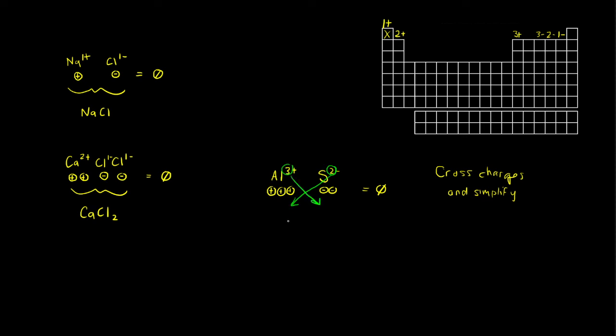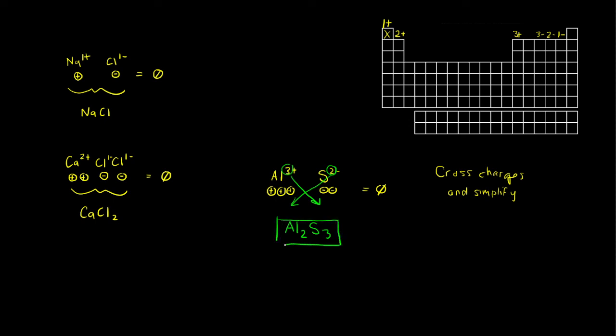So the formula when aluminum and sulfur get together is going to be Al with the charge of sulfur as its subscript. So this 2 comes down here for aluminum. And then sulfur is going to take the charge of aluminum as its subscript. So 3 down here. And this is the answer.